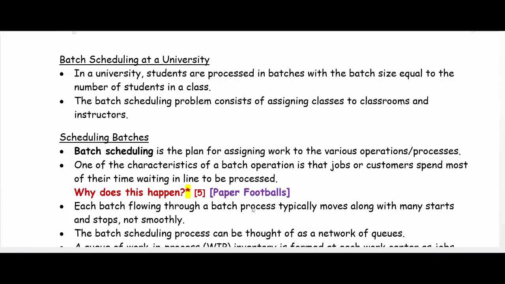Within that, I start working on the first one, and the other 99 are waiting to be processed. I work on the second one, and the first one is waiting, as well as the other 98 of them, etc. And it makes it even worse that sometimes as they go to the next operation, they're not ready for them because you're using a push system, and so they sit there waiting to even be started.